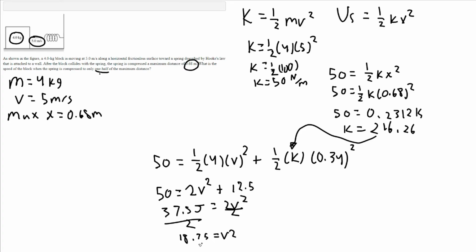And then to finish this, we just need to square root both sides. 18.75 square rooted is equal to 4.33, which is equal to v. V is equal to 4.33 meters per second, and that is the speed.